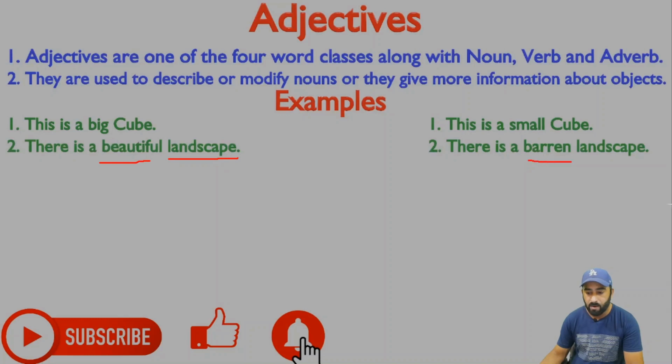Again, here barren is an adjective and landscape is a noun, and both these adjectives are giving additional information about the noun landscape, because we cannot just say there is a big landscape or there is a landscape. In order to describe accurately, we need to put in adjectives because they help us bring accuracy and also extra information about people and places.